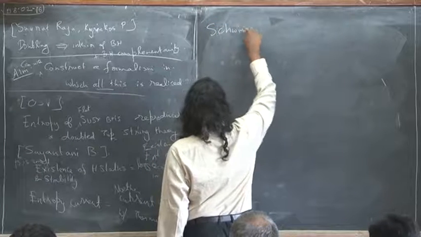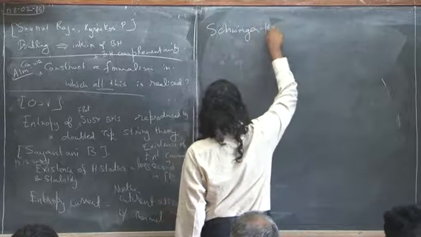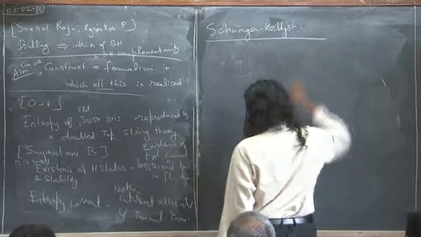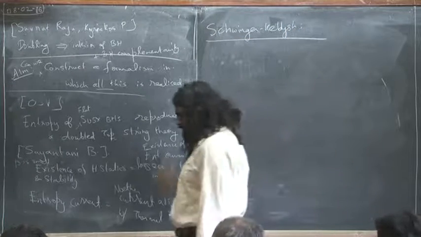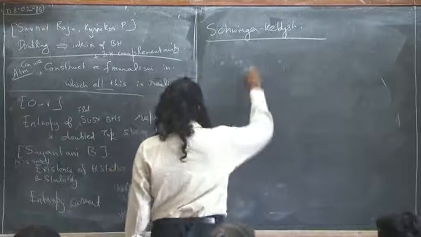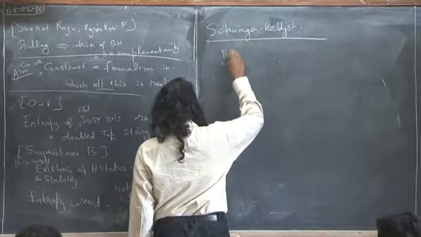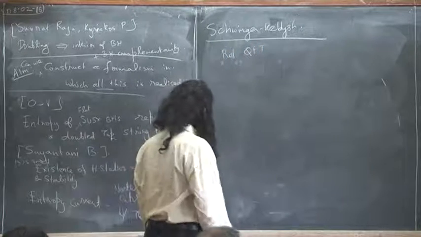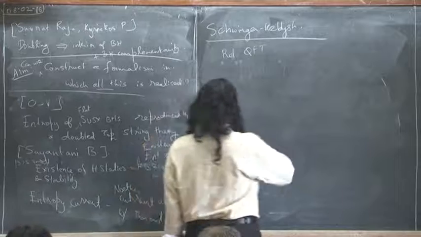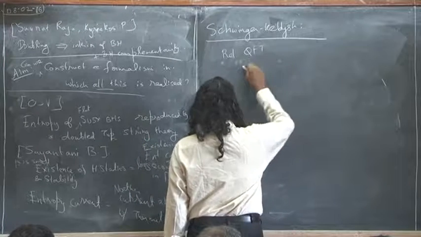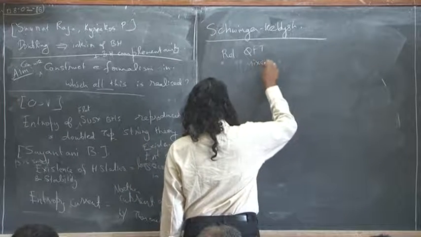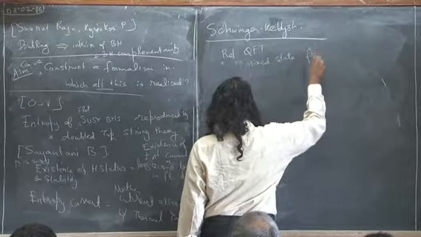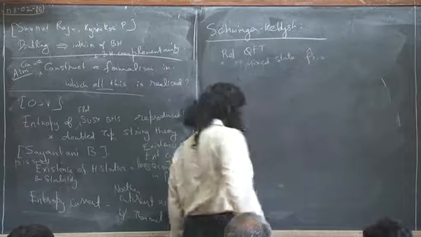So what is Schwinger-Keldysh and what are the basic ideas behind it? Let's say you have a relativistic quantum theory, and you have a mixed state at some time t equal to 0.